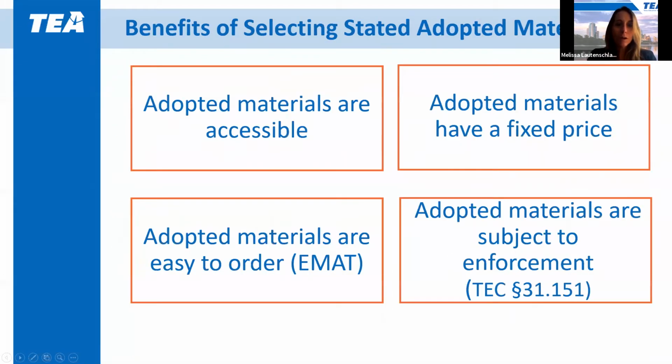And I want to call out some really specific components about the benefits of selecting products on the state adopted materials list. Besides the really important benefit that materials have been reviewed by content experts in the field from across Texas as part of our summer review, each standard is broken down and checked for alignment, even broken down into individual components, which we call breakouts, to make sure that all aspects of the standards are accounted for in the materials.